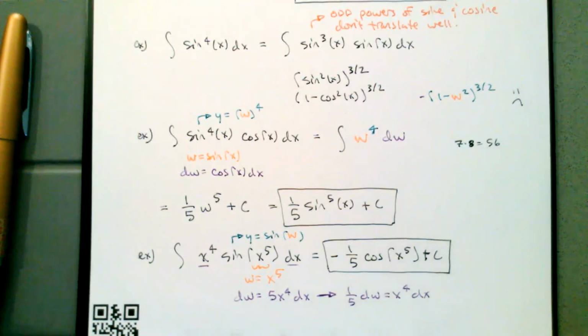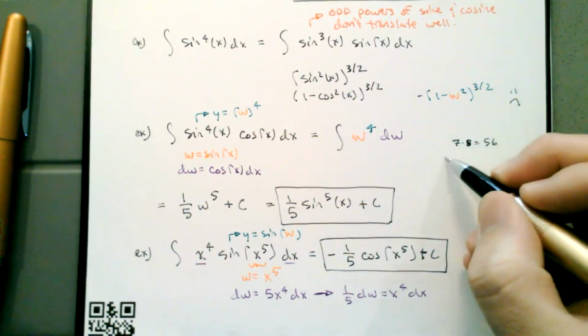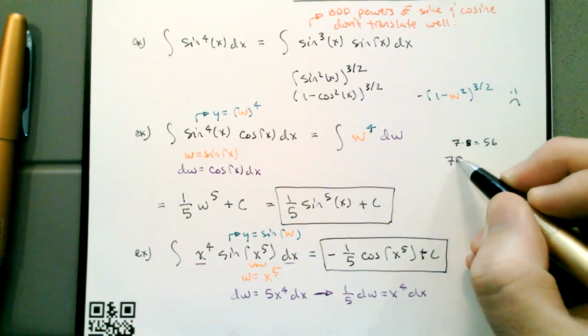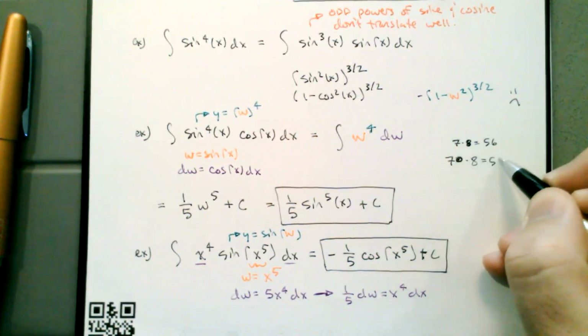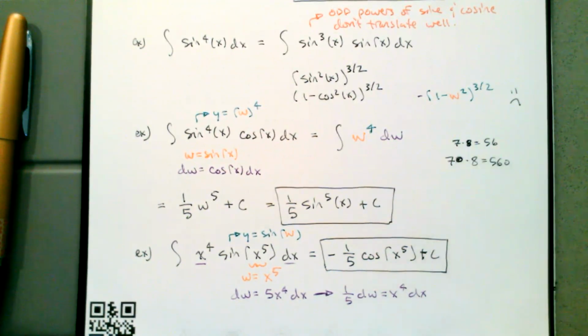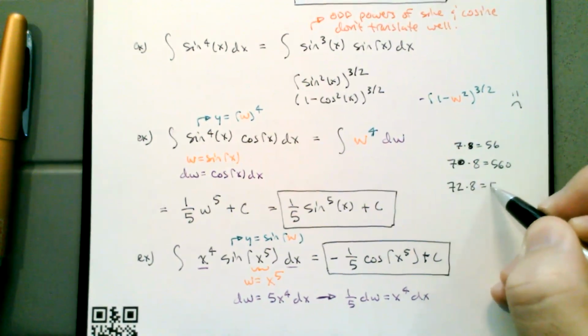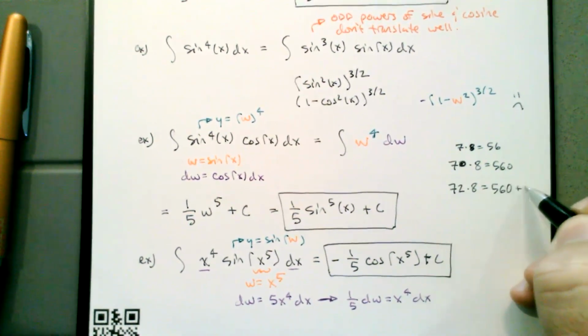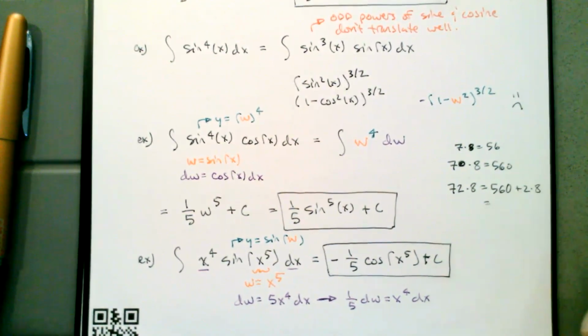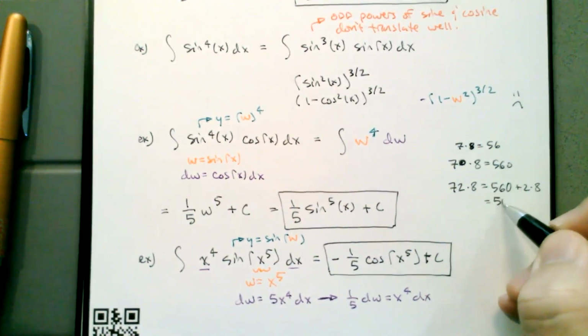And then you need to understand multiplication to the point where you can say 70 times 8 is 560, because that's what happens in multiplication. And then you need to say that so 72 times 8 is just going to be 560 plus 2 more 8s. So 576.